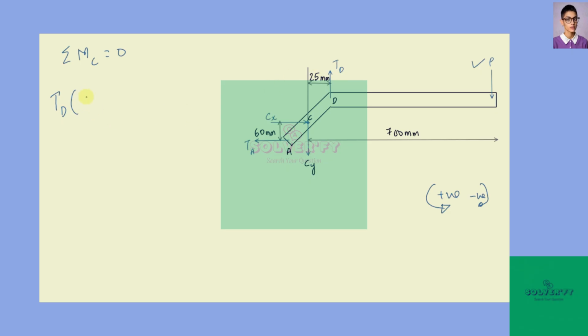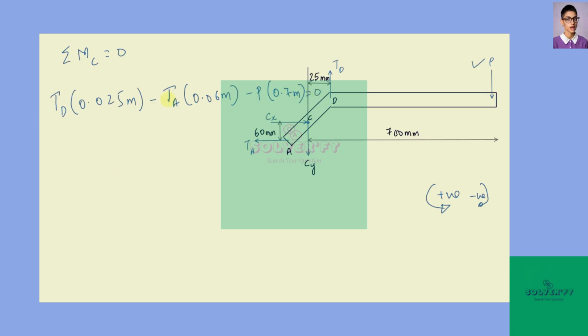Let's convert the unit to meters, so times 0.025 meter. Similarly, TA times this distance, which is 0.06 meter, minus P times this perpendicular distance, which is 700 mm, that means 0.7 meter, and it would be equal to 0.